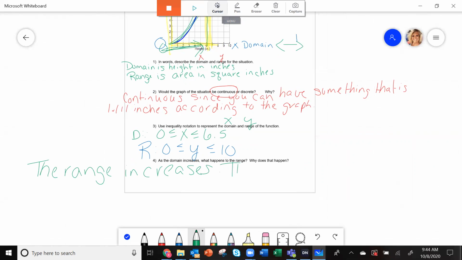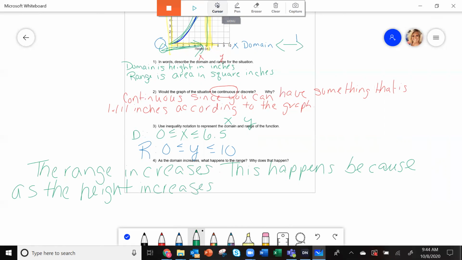This happens because as the height increases, it will cause the entire area to increase.